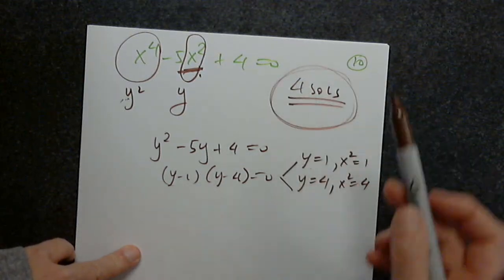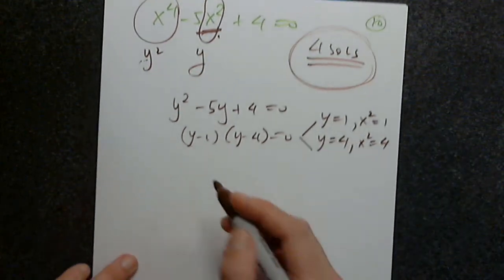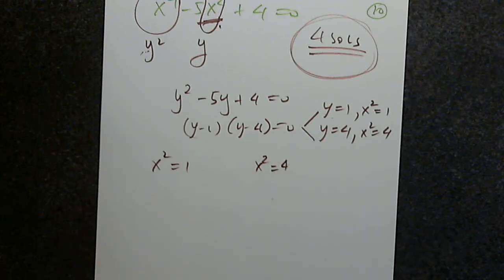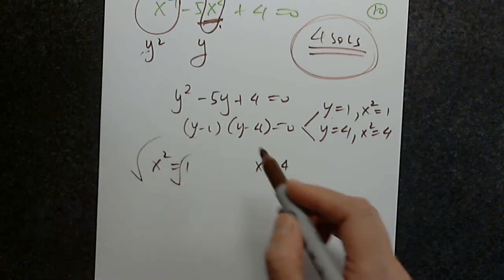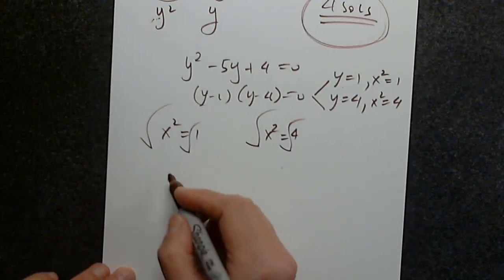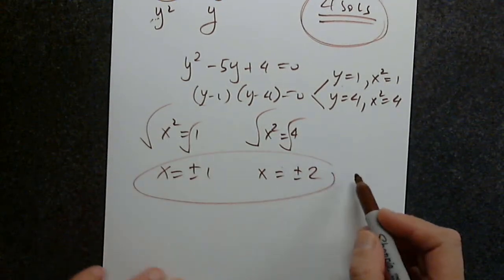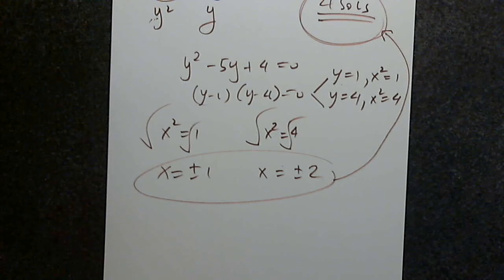Don't forget 4 solutions. Which method do I apply for x squared equals 1? You can say factor. Oh, I agree. But it's already in the format of taking square roots. Why not? And I cannot forget plus or minus, because I expect 4 solutions.